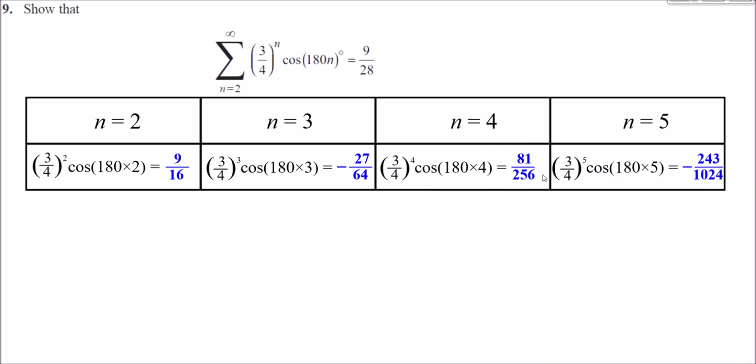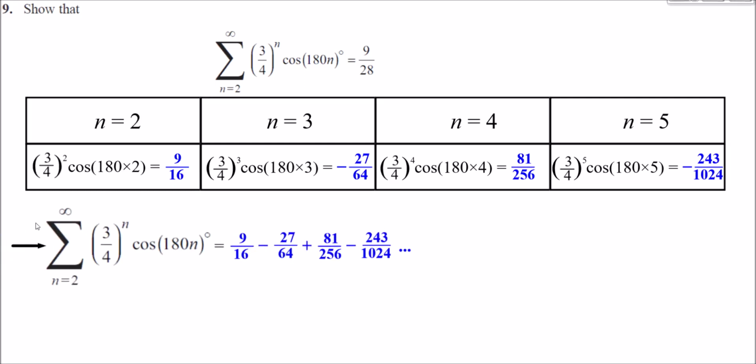So as I say, either by inspection or by calculation, the common ratio is minus 3/4, and as well as that, the first term comes out to be 9 over 16. So the first 4 terms, of course, we've generated, and like I've just talked through, we can see that the first term is 9/16, this one here, and the common ratio is negative 3/4.